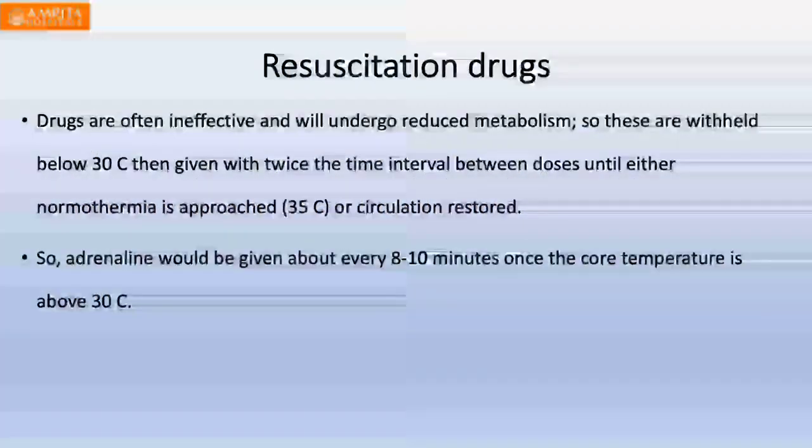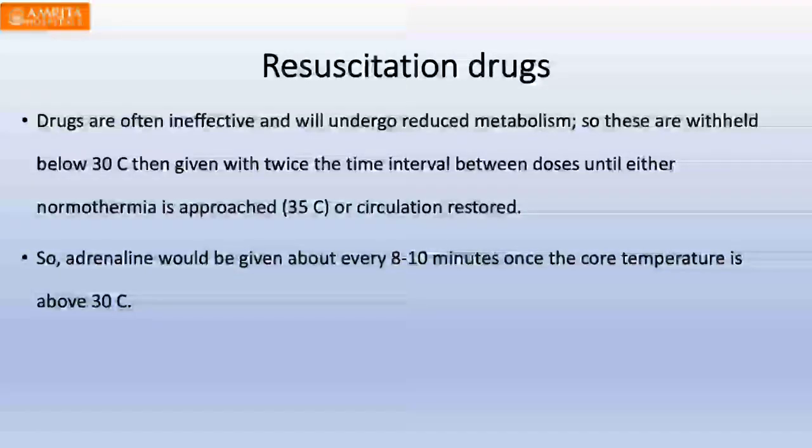Now coming to the resuscitation drugs, they are often ineffective and will undergo reduced metabolism. So these are withheld below 30 degrees Celsius, then given with twice the time interval between the doses until normothermia is approached or circulation is restored. So less than 30 you withhold the drugs, above 30 you give epinephrine 1 mg, routinely every 3 to 5 minutes.